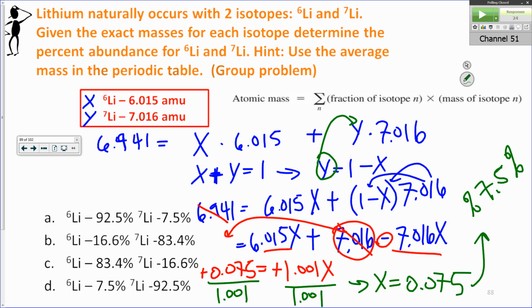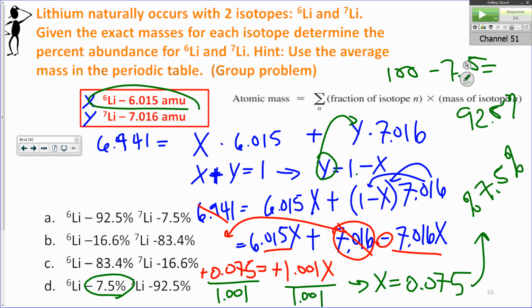Okay, 7.5%. Looks good for most of you because that's D. What we found was X, and X was the lithium-6, so that's right. And if I put it in the equation, I know the two things have to add to 100. So 100 less the 7.5% equals the other fraction, 92.5%. That's that guy. Okay, so that's how you solve the algebra to do it.